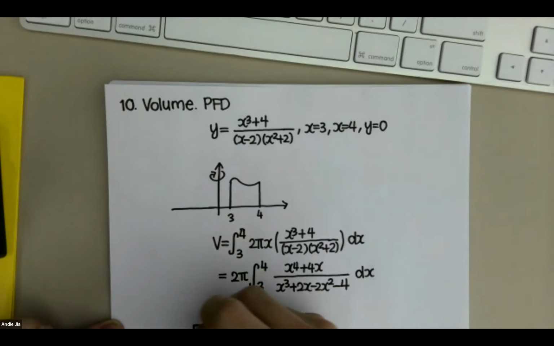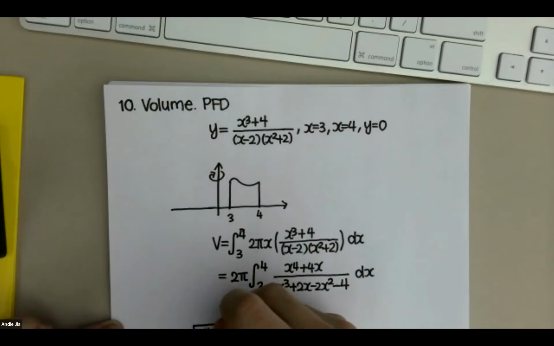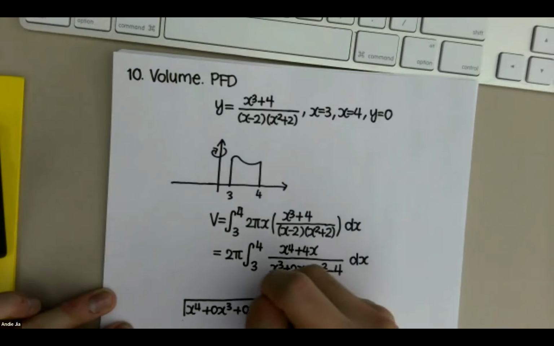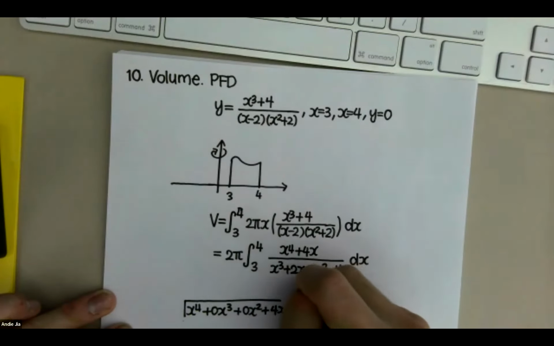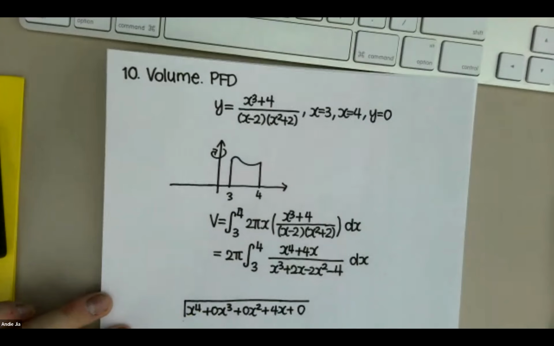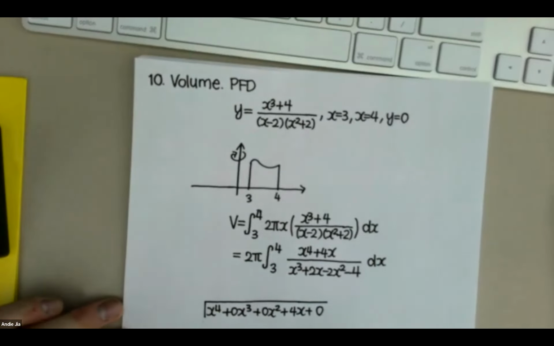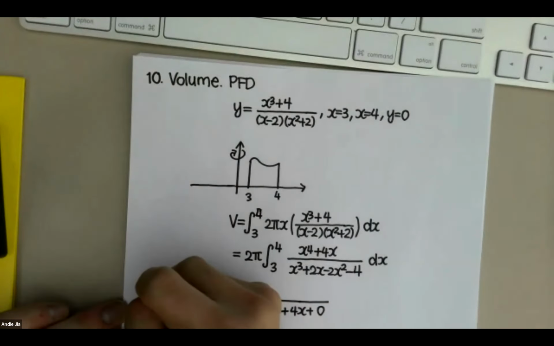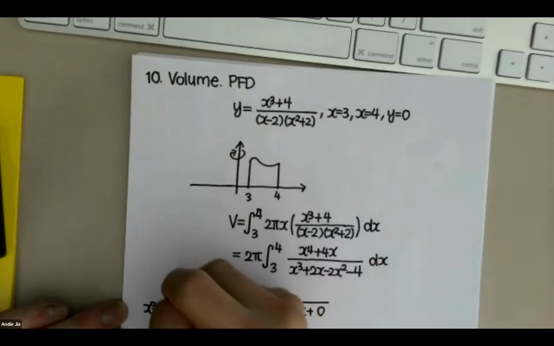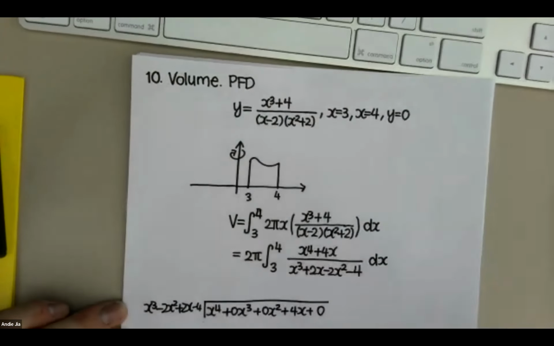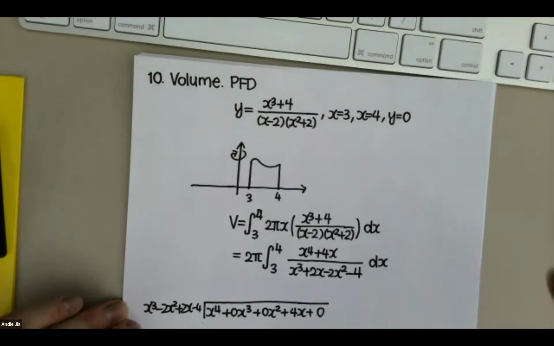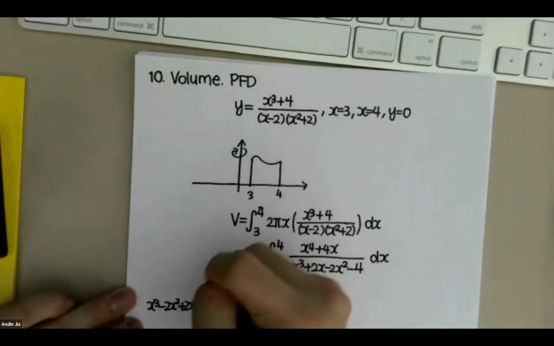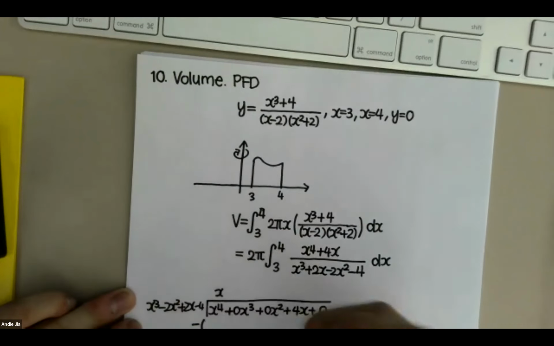It's going to be x to the 4 plus 0x cubed plus 0x squared plus 4x plus 0 here. And then we divide by x cubed minus 2x squared plus 2x minus 4. First, we multiply by x.